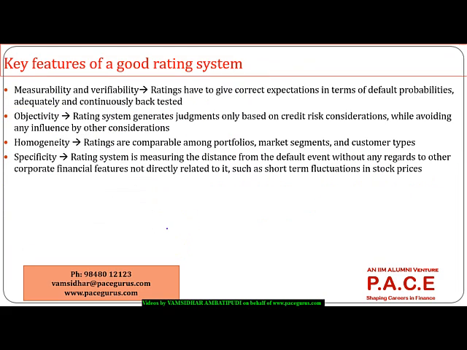First of all, if I have to understand the key features of a good rating system, the first feature is it should be measurable. It should be clear, no ambiguity in measurement, as well as verifiable. I can test that back by doing a manual calculation.